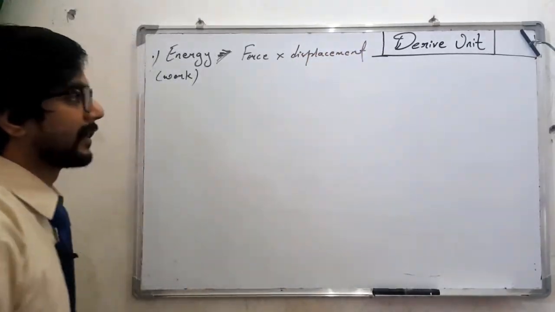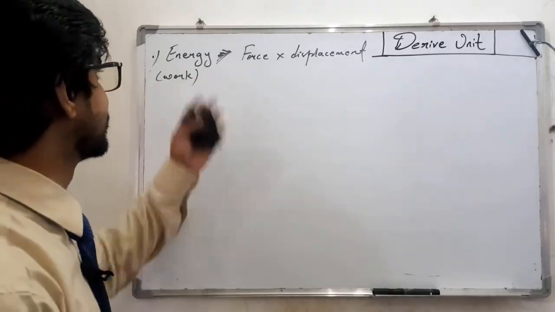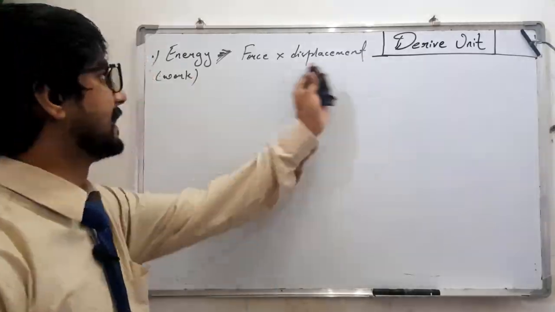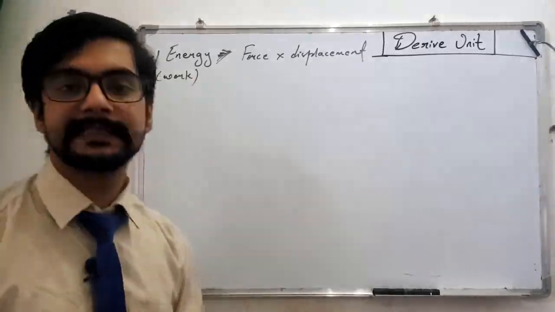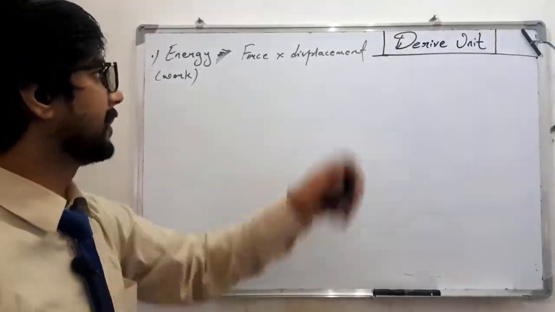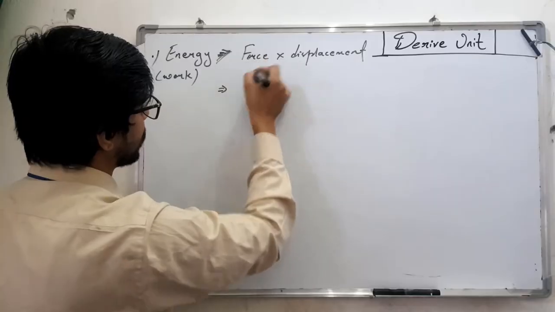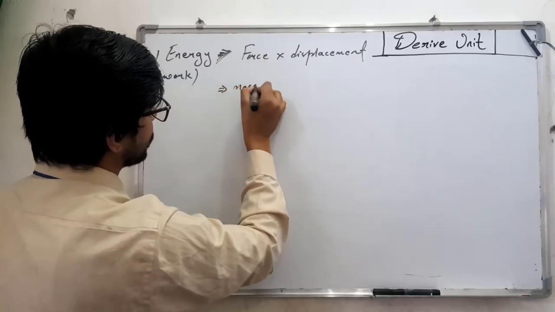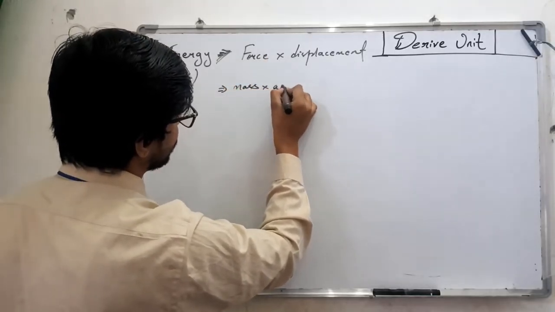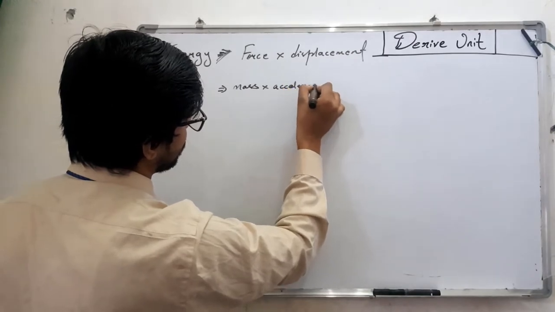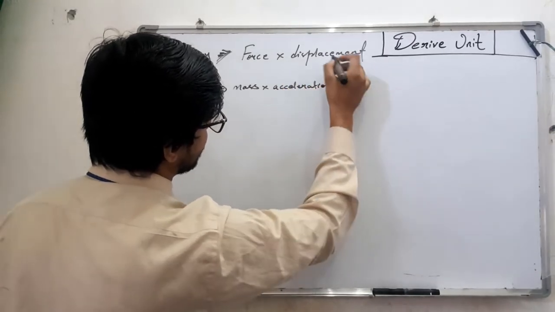You can use other forms of energy also, like the formula of kinetic energy, or potential energy. You can use any one of them. So now let's see force into displacement. Force means the product of mass into acceleration, so you can write mass into acceleration into displacement here.